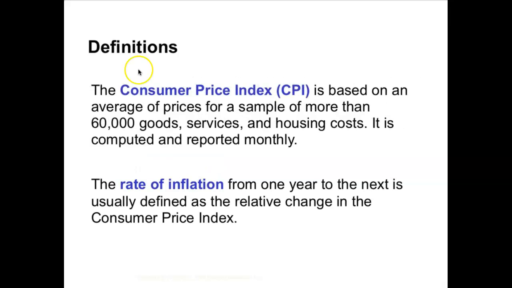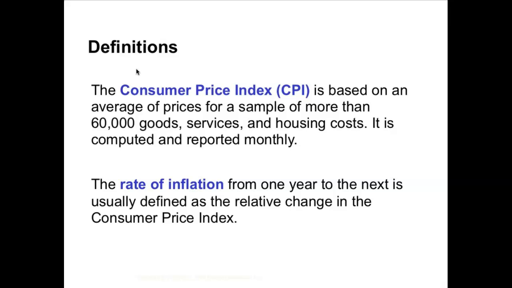All right, so now let's talk about some common indices. There's this thing called the Consumer Price Index, the CPI, and it's based on the average prices for a sample of more than 60,000 goods, services, and housing costs. And it's computed by the federal government and reported monthly.